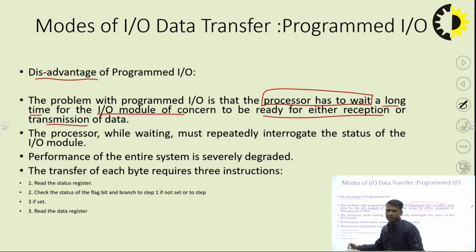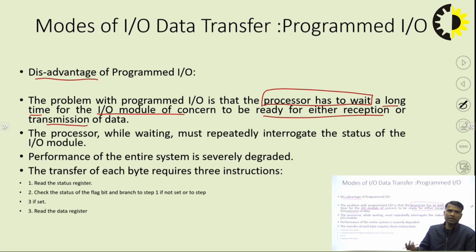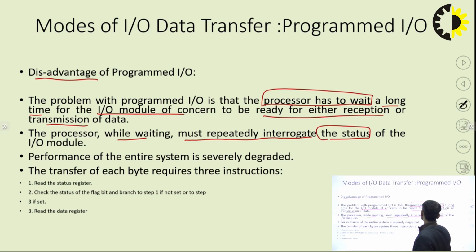In both cases, whether data is to be transferred to the interface or read from the interface, the processor, while waiting, must repeatedly interrogate the status. So, this is a sort of polling that the processor performs on the status bit. The performance of the entire system is severely degraded when we are doing programmed I/O.